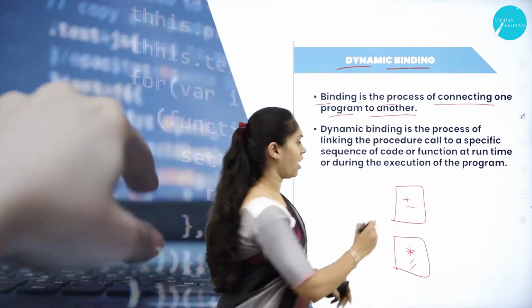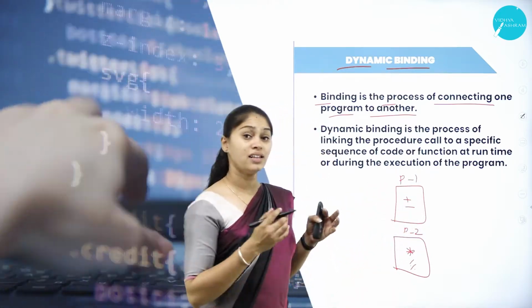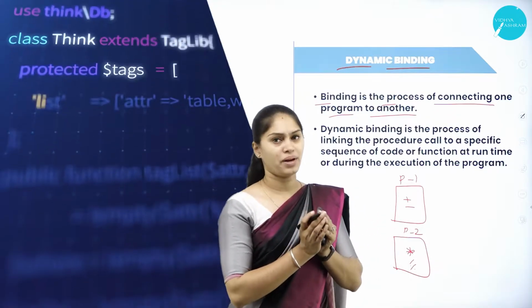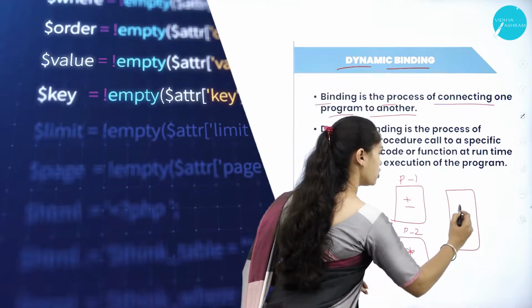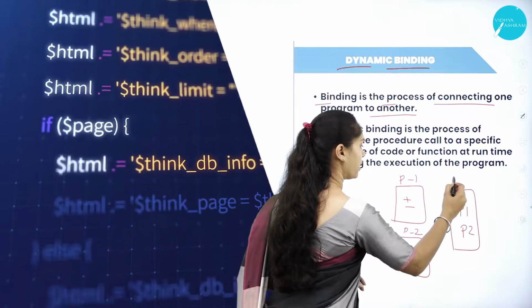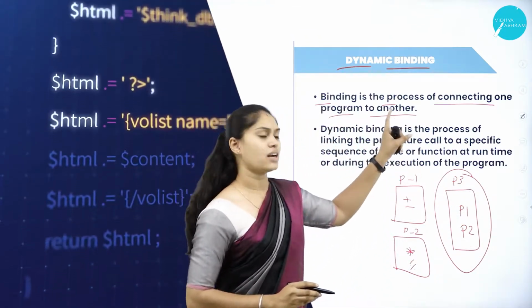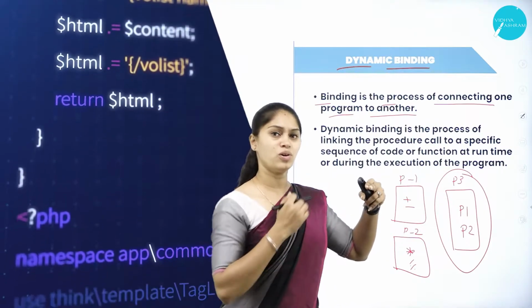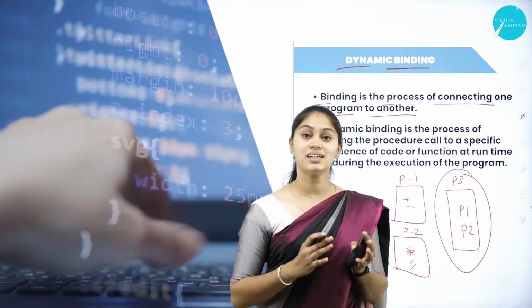Here I have two programs, program 1 and program 2, but now I want all these operations together. At that time, we use both program 1 and program 2 together, so it becomes another program. This linking or connecting of one program to another is what we call binding.